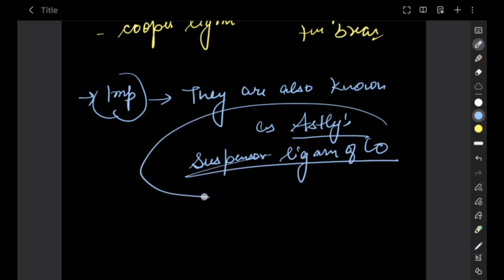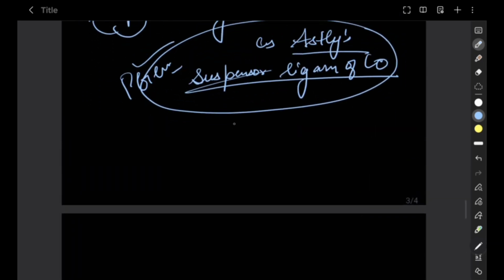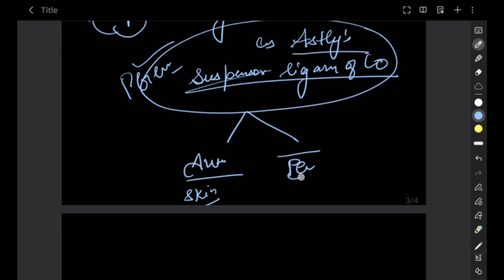This is another name we will have in the NEET PG exam. And now if we ask the attachment of Cooper's ligament, anteriorly it is attached to the skin, posteriorly to the pectoral fascia.